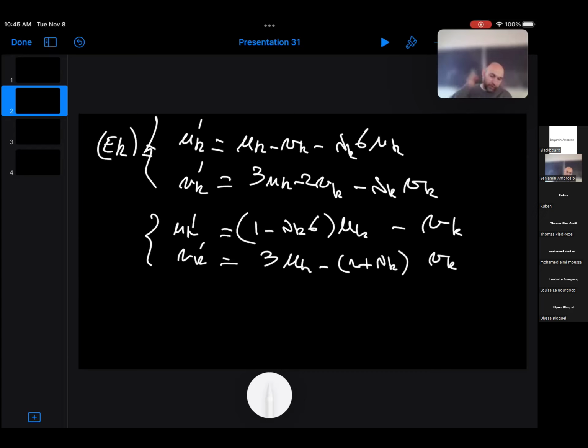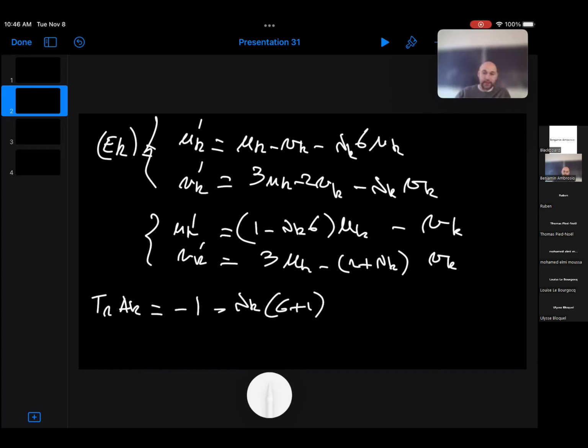A thing that we studied last time is that if I call AK the matrix associated with this 2D ODE, the trace is equal to minus 1 minus lambda K sigma plus 1.